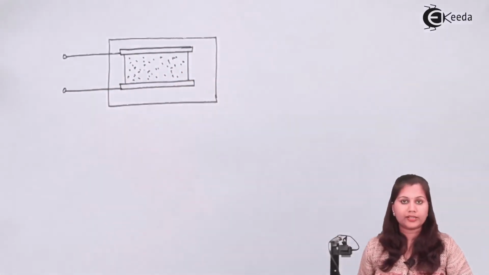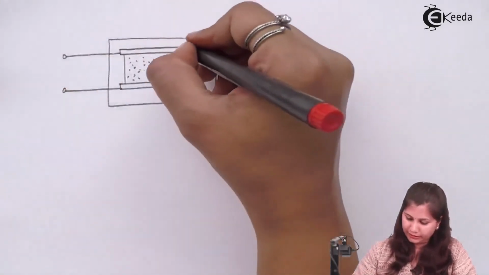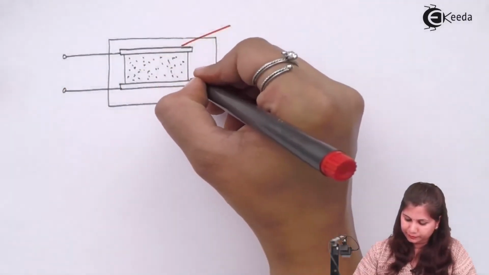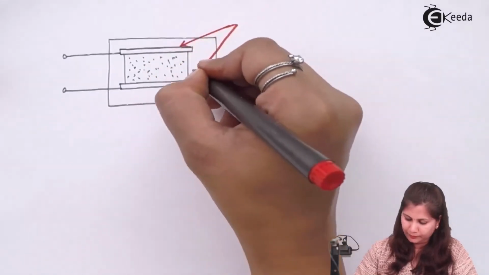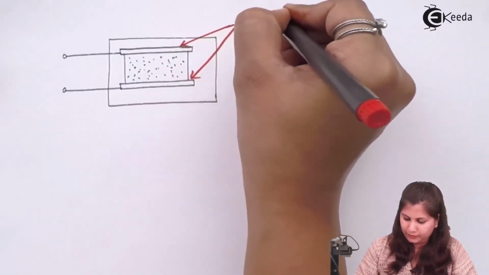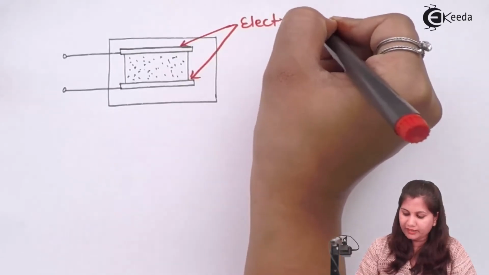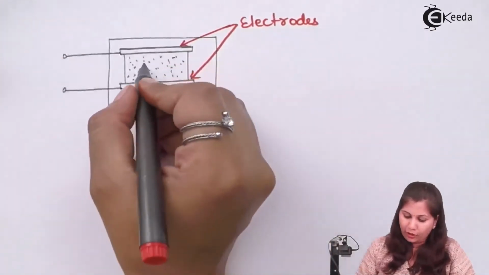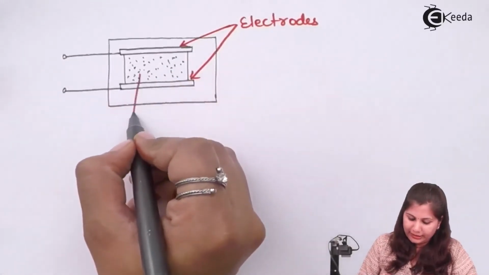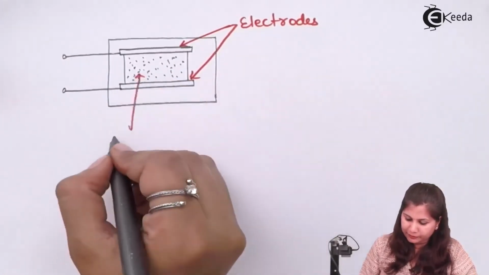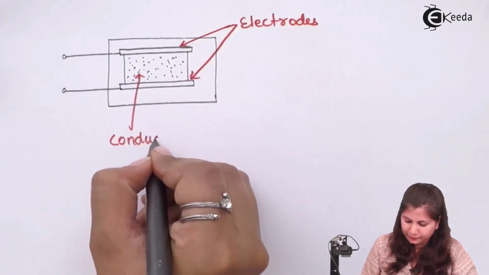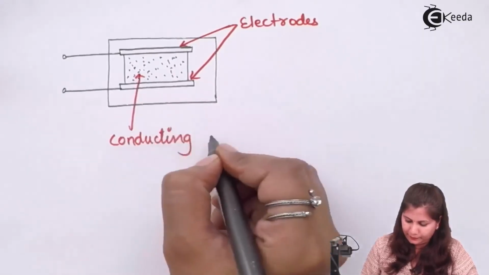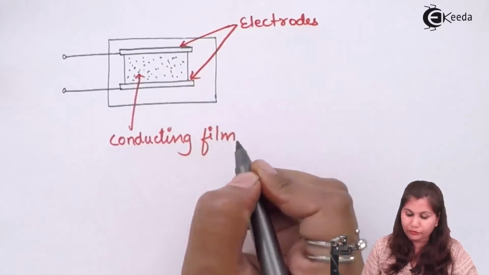So in the resistive hygrometer, these are the electrodes. The electrodes and wires are coated with the hygroscopic salt, lithium chloride, which acts as the conducting film in between.